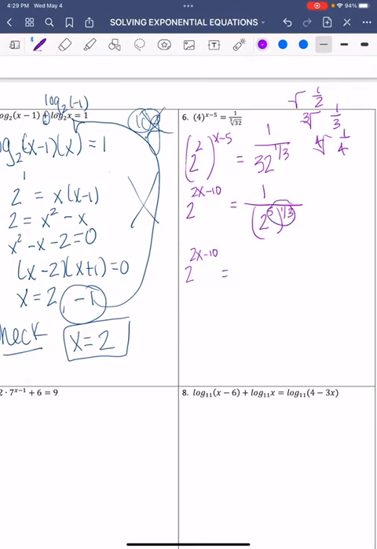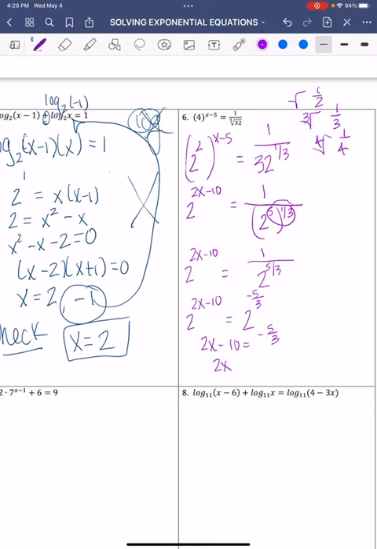Multiply the exponents. This is 1 over 2 to the 5/3. To get rid of that fraction, this becomes 2 to the negative 5/3. Equal base, equal exponents. 2x minus 10 equals negative 5/3.